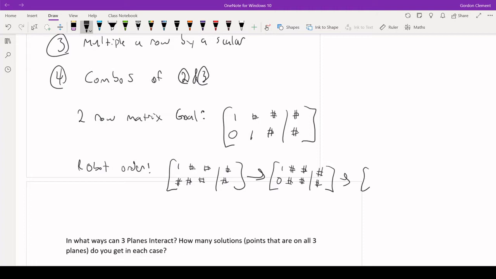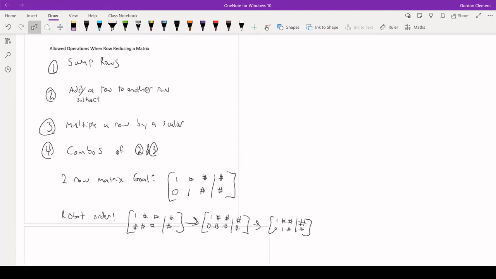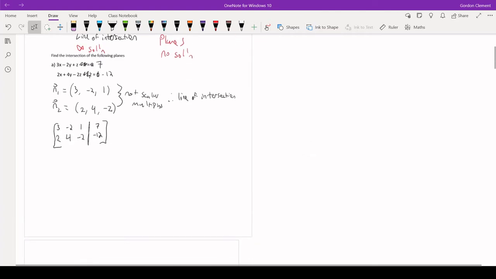And then once you have that, that's sort of the steps. So get the 1 in the top left, get a 0 below it, then get the 1 beside that, using these sort of strategies. So I'll show you what that's going to look like with this first one.